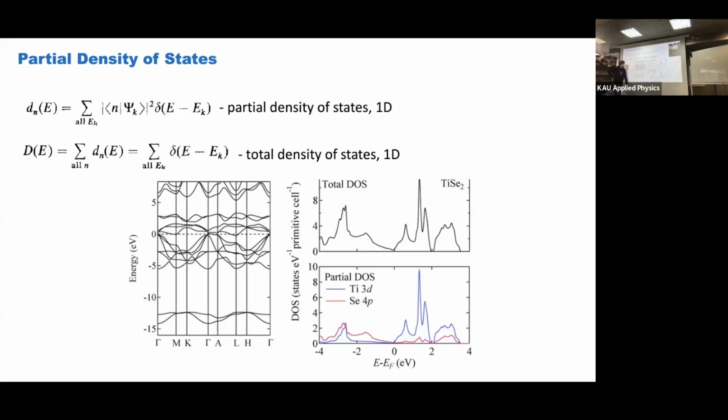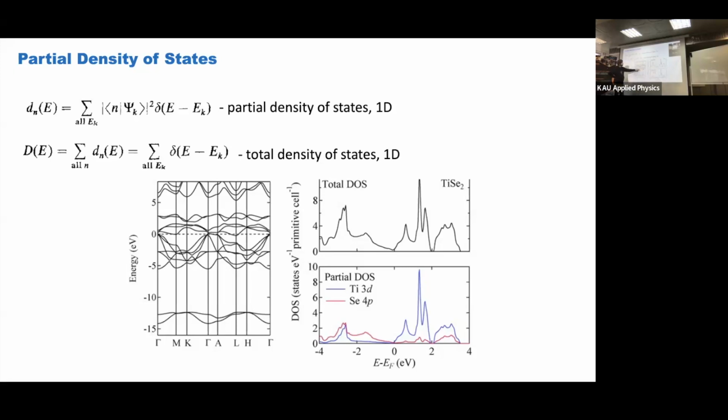Then I see selenium p orbitals have a higher contribution here, under the Fermi level. So most of these bands are a mixture between selenium 4p and titanium 3d.